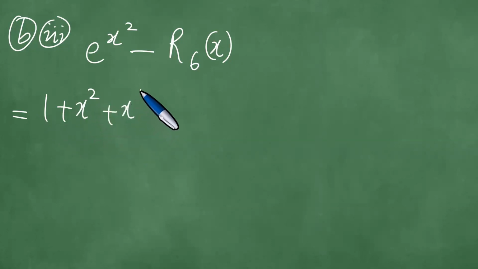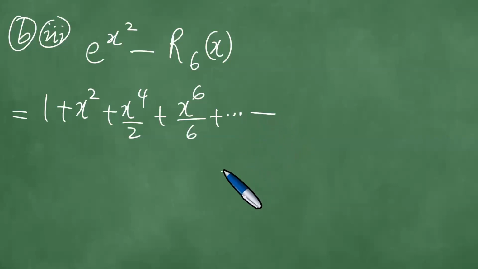Plus x to the 4th power over 2, plus x to the 6th power over 6, and so on. Minus R6. What is R6?